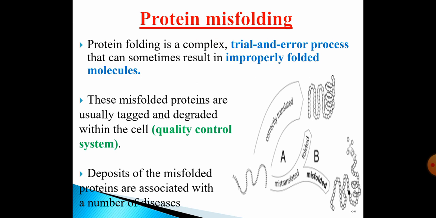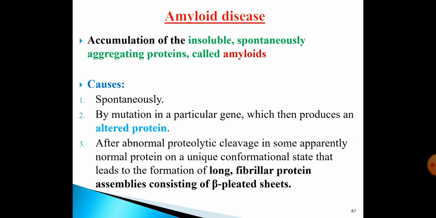Protein misfolding: we continue about the error process that sometimes results in an improperly folded molecule. These misfolded proteins are usually tagged, and as I told you, there are some diseases that are due to protein misfolding. Amyloid disease is the accumulation of insoluble, spontaneously aggregating protein called amyloid, for example in Alzheimer disease.